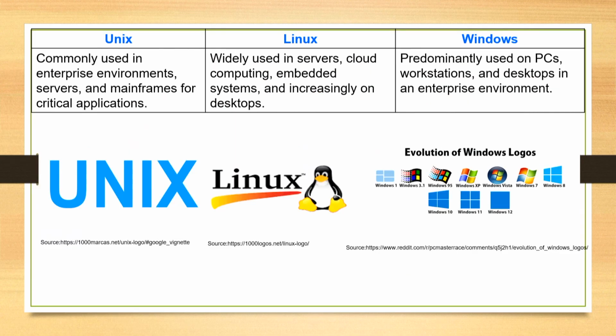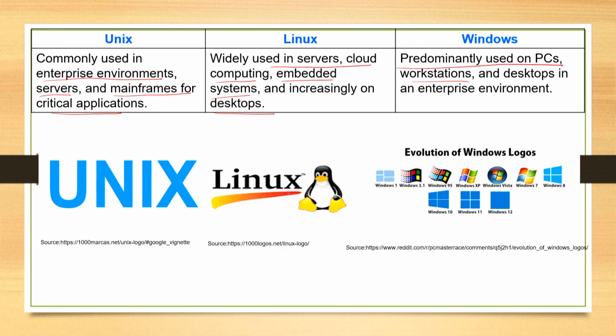Unix is commonly used in enterprise environments, servers, and mainframes for critical applications, whereas Linux is widely used in servers, cloud computing, embedded systems, and on desktops also. Windows is basically used for personal computers and workstations.